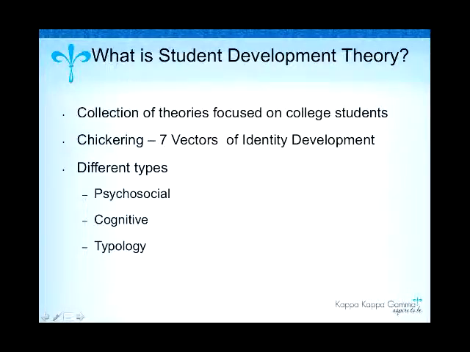So I'm sure you are all thinking about Chickering's seven vectors, and maybe a woman that you advise, or a woman that you know in the chapter that you see as coming through some of these vectors, coming back, depending on situations that she encounters on campus or in her life. But establishing identity, I think, goes to the many challenges we see women face on campuses with body image, extreme exercising, dieting, the desire to look a certain way, to act a certain way, and they feel like it's maybe what they are to do.